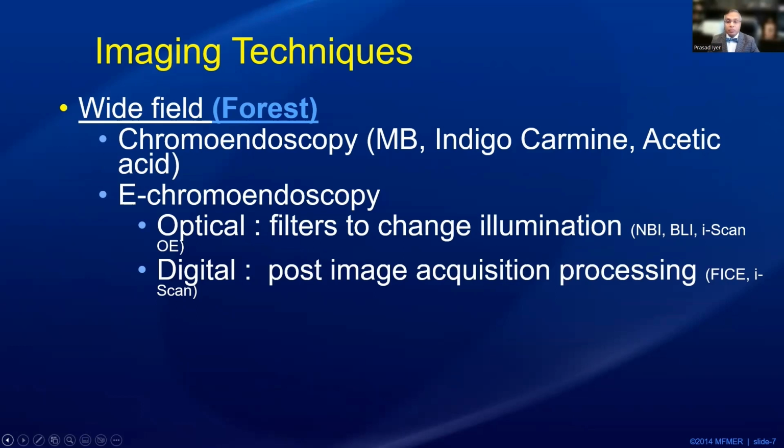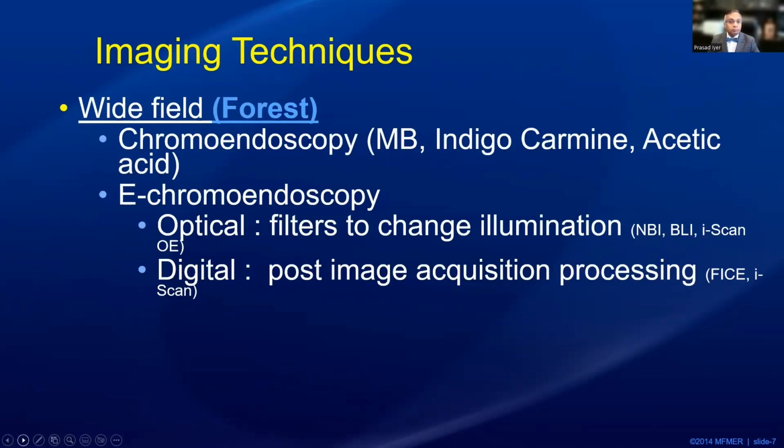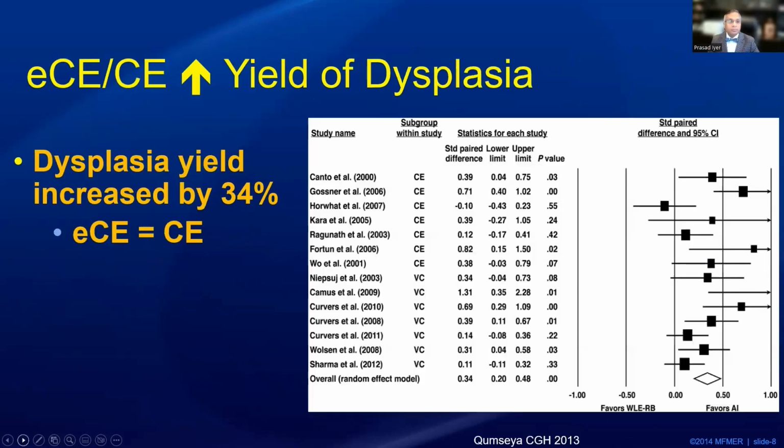And then we have some which involve post-image acquisition processing. And then, of course, if you are able to find a visible lesion, you can then hone in with some magnification if that is accessible to you. In the United States, we only have digital magnification and not optical magnification, but I believe these technologies are available in the United Kingdom and Europe.